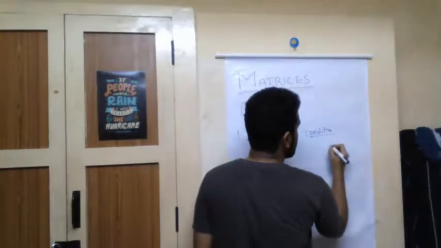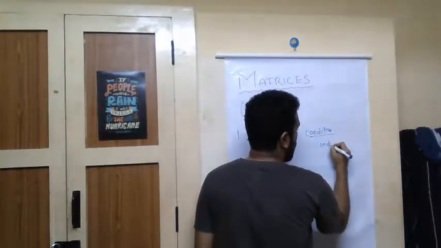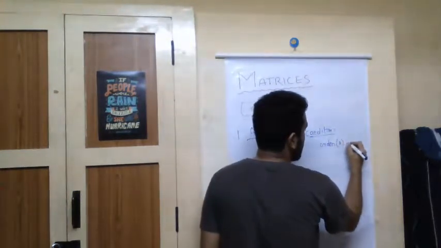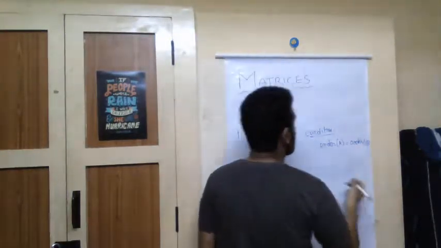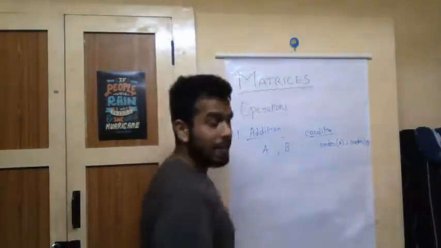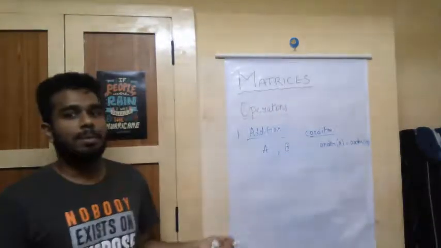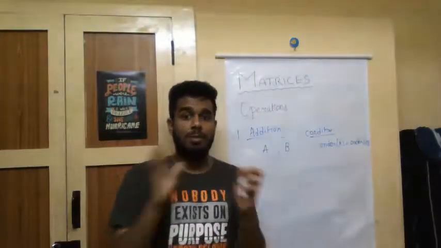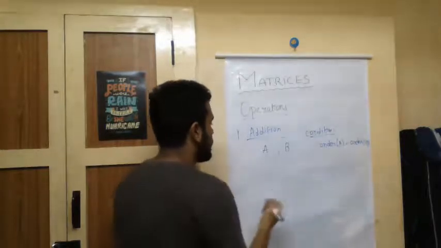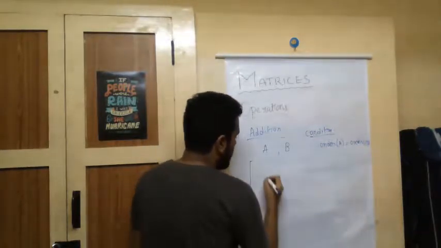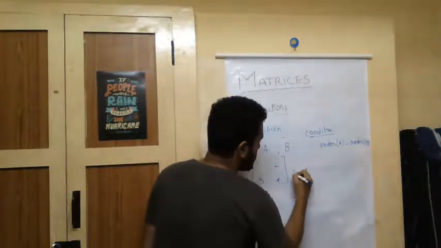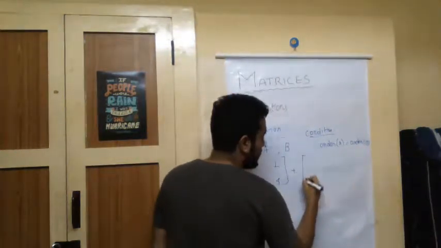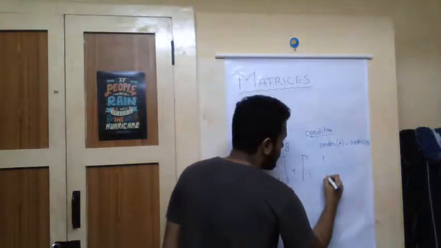Here the condition is the order of A equals the order of B. That has to be satisfied, otherwise the matrices cannot be added, because the dimensions of the matrices should be equal. For example, if I take a 2 by 2 matrix, 1, 2, 3, 4, plus, this is A, and B, I'll take 1, 1, 1, 1.